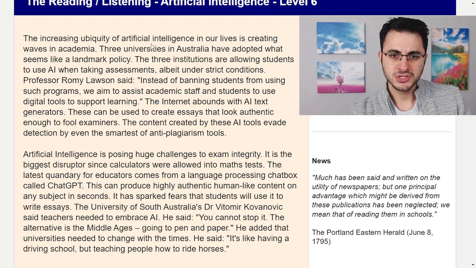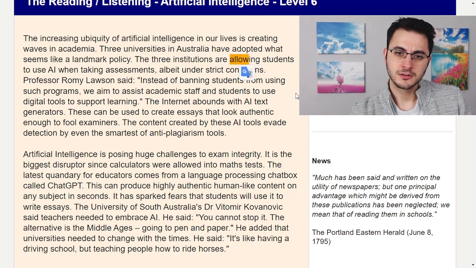The 3 institutions are allowing students to use AI when taking assessments, albeit under strict conditions. Allow means let them. So the 3 universities are letting the students use AI when taking assessments. Assessment means exam.